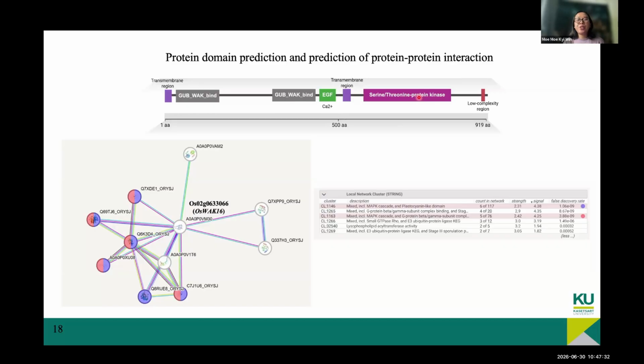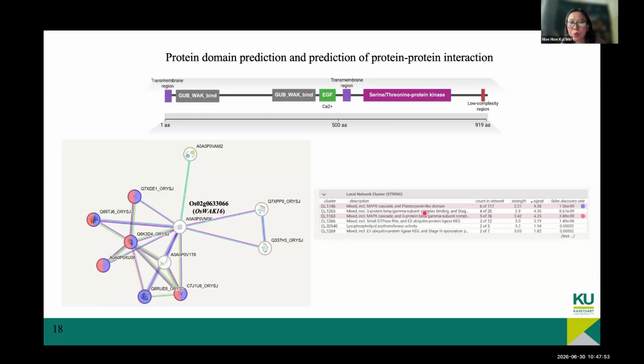We also predicted the possible protein-protein interactions. Here is our WEX16, and the proteins highlighted here are the other proteins that might interact with it. What are these proteins?